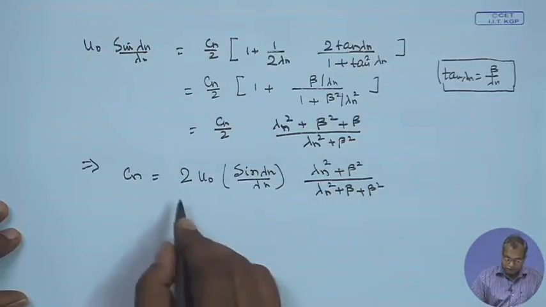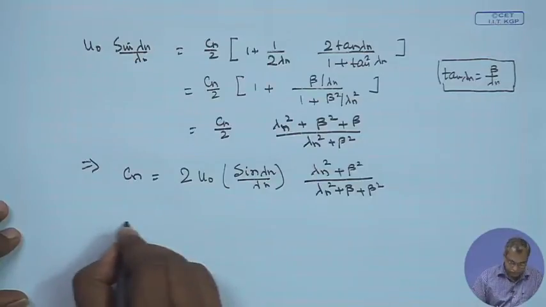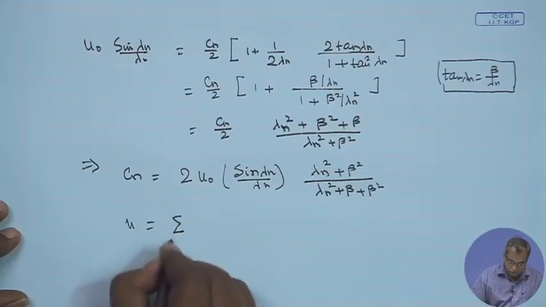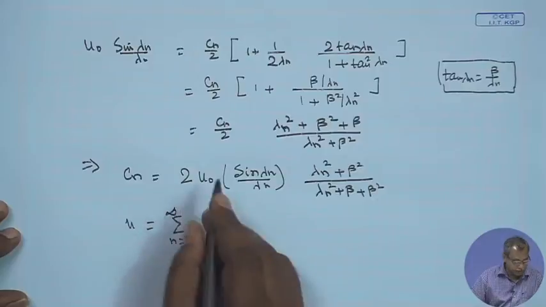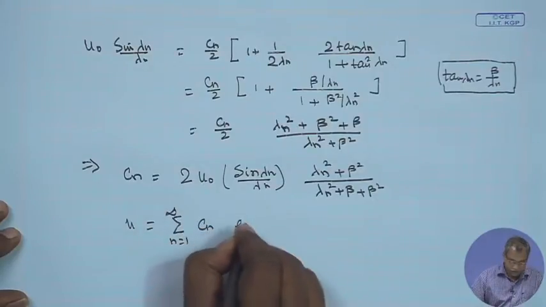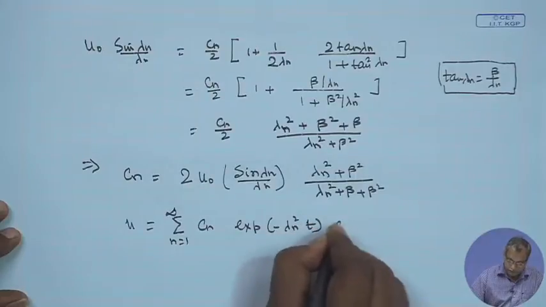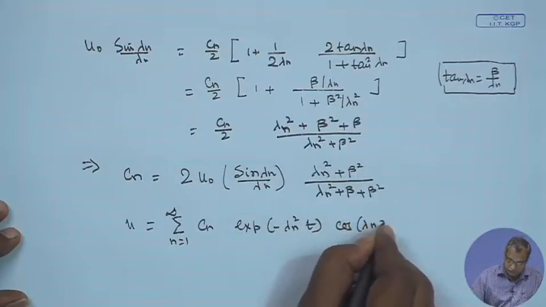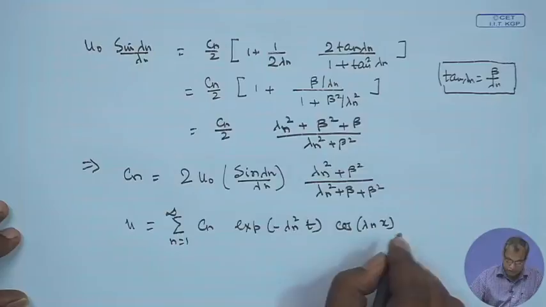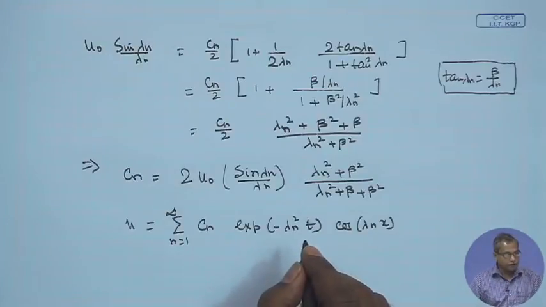So, this is the constant, and the complete solution is u is equal to summation n is equal to 1 to infinity Cn exponential minus lambda n square t cosine lambda n x. So, that solves this problem completely.